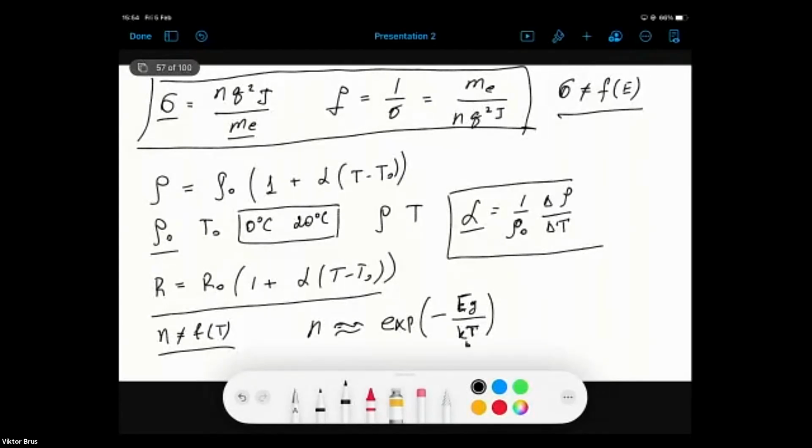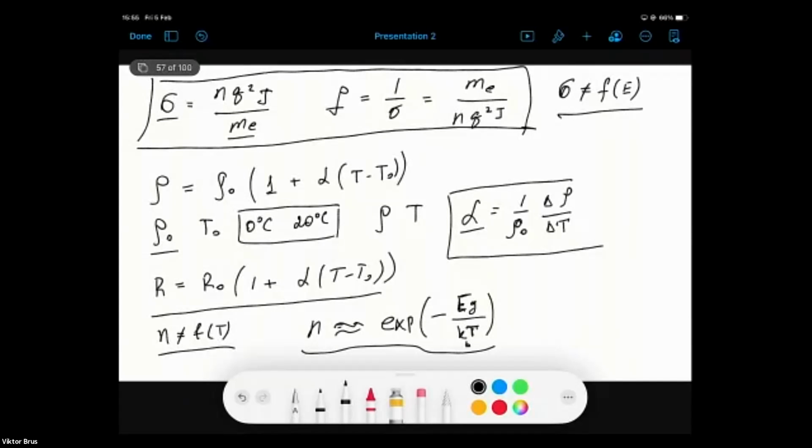In this case, since concentration exponentially increases with temperature, we also have the linear increase of resistance because of scattering on oscillating atoms at higher temperature. But the linear increase in resistance is negligible in comparison to the exponential increase in concentration of charge carriers.